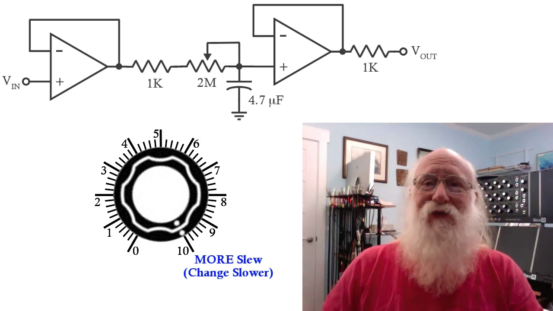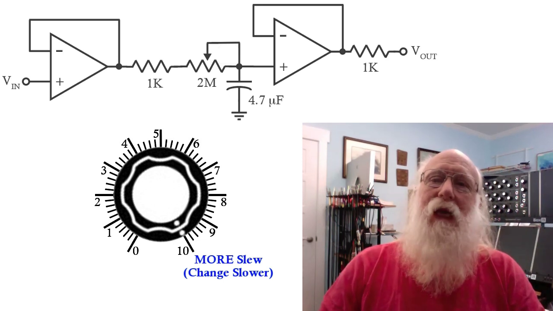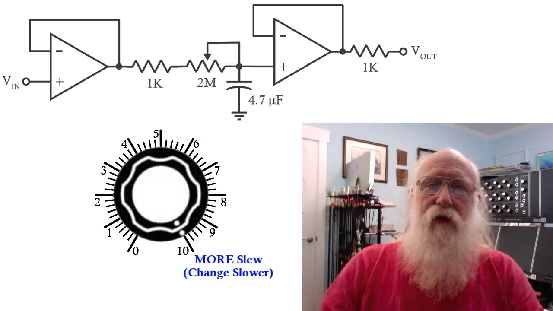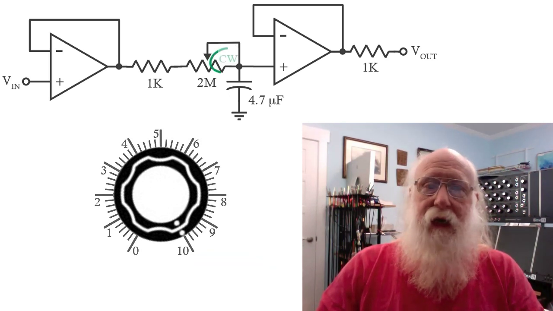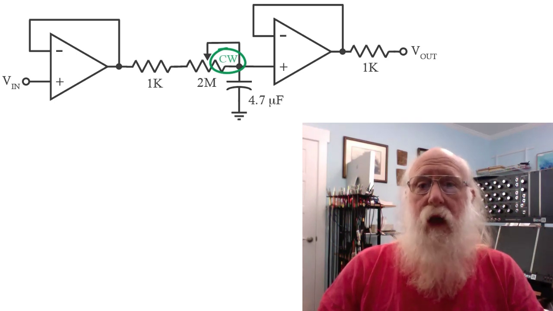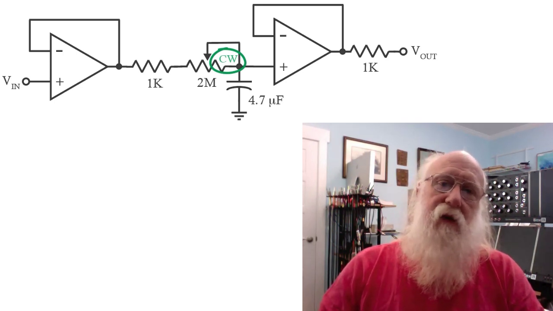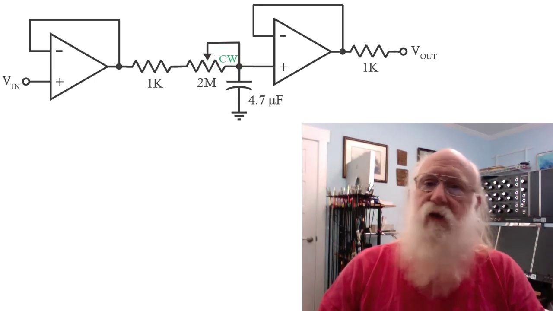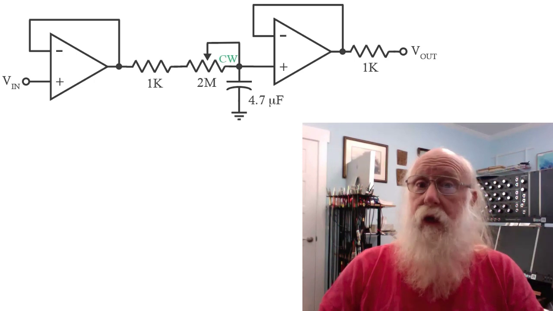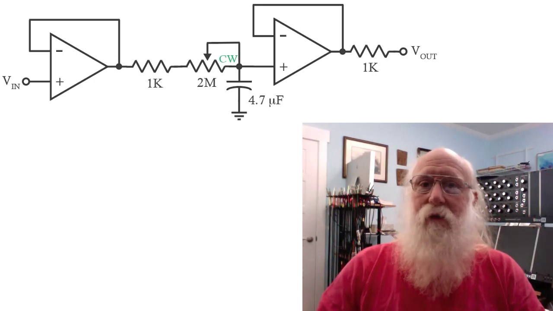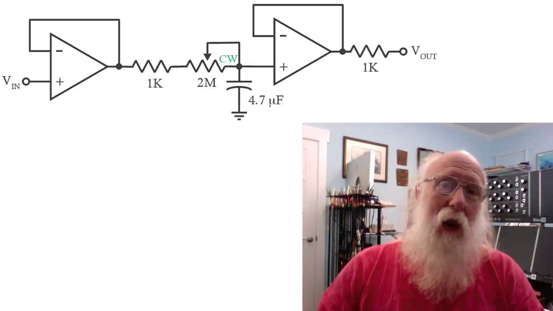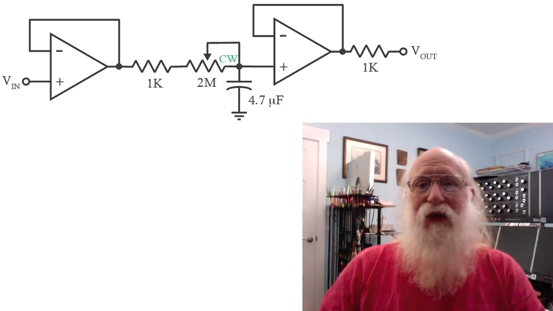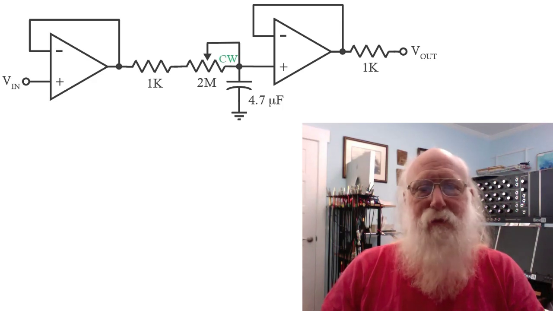You could make a case for the opposite situation, but in general, you want more slew with a clockwise rotation. So the right side of that potentiometer should be the clockwise direction, and the left side should be the counterclockwise direction. Whenever you're designing anything, just from a practical standpoint, you need to keep in mind which end of the potentiometer is clockwise and which is counterclockwise, and select those points so that it makes logical sense the way we expect controls to work.